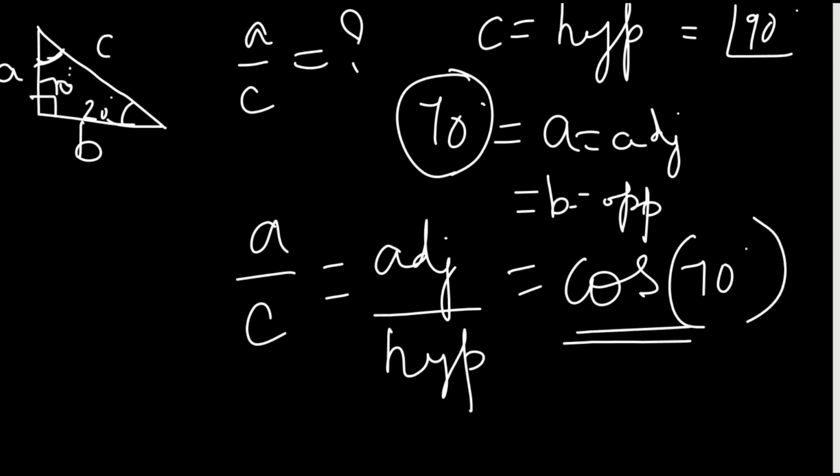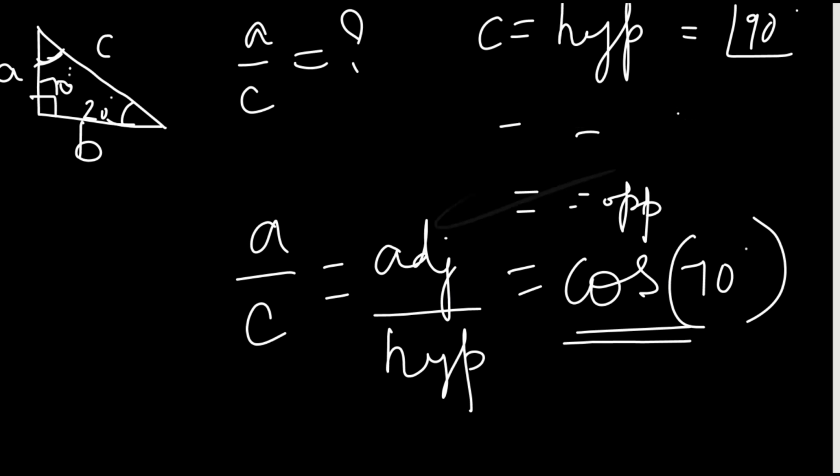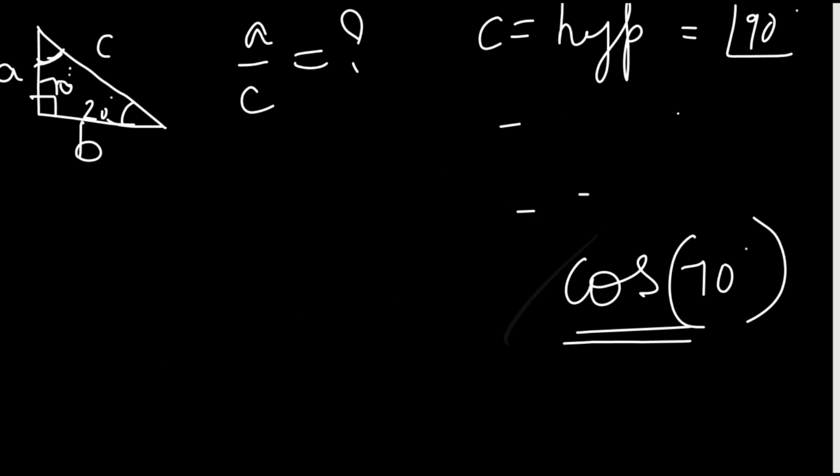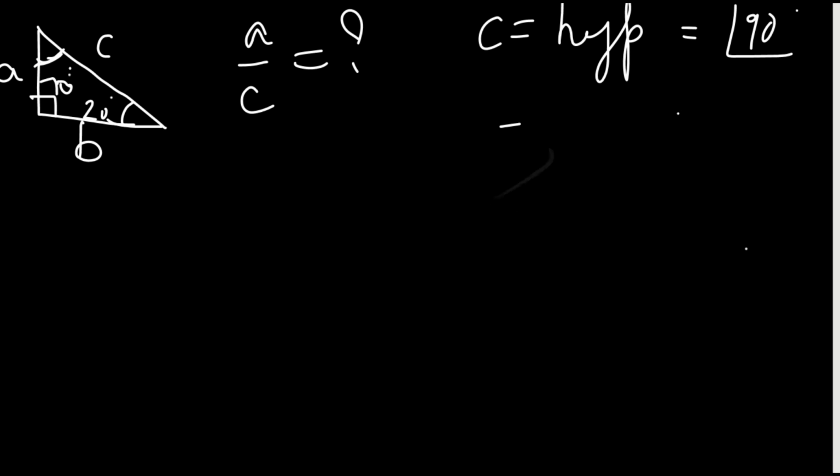There is another answer for this. You can write with respect to 20 also. The hypotenuse will not change because it's the same triangle having the same 90 degree, so C is the hypotenuse.